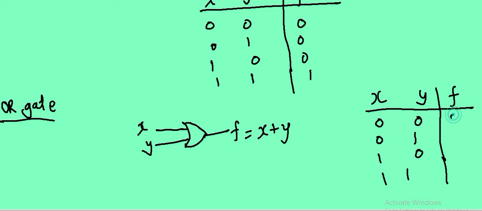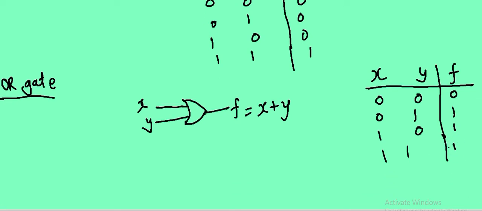So in that case it will be 0 because both inputs are 0, but here y is 1, x is 0, it will be 1. Here in this case it will again be 1 because one of the inputs is 1. Here both inputs are 1, so it will be 1. Now you can verify the law that I have just discussed, right?